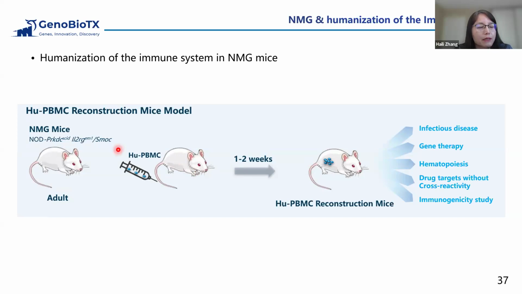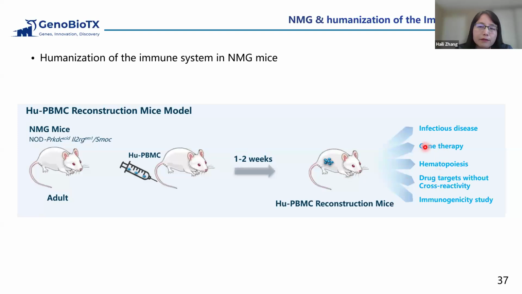Human PBMC are isolated from whole blood, then the purified human PBMC, enriched with T, B, monocyte and NK cells, are injected into the adult NMG mice. The mice will reconstitute the human immune system within 1 to 2 weeks. We can use flow cytometry to verify the presence of human immune cells in the mouse blood, spleen, and other tissues.